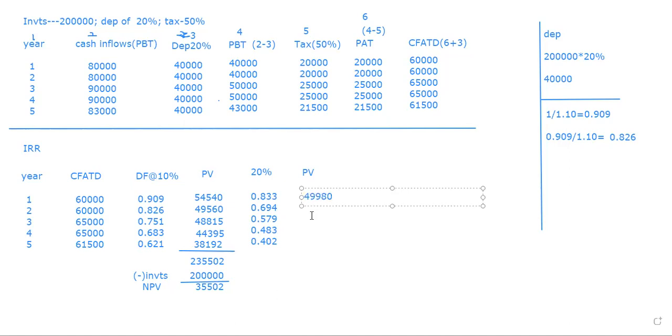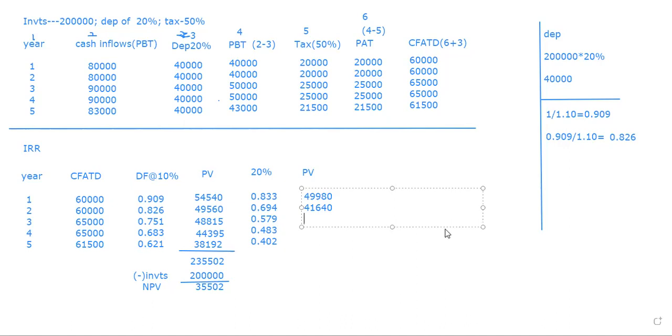Now the second one, again I'm going to use my calculator. Again 60,000 into 0.694. When I multiplied it, I got 41,640. The second one I got is 41,640. This is my next value.